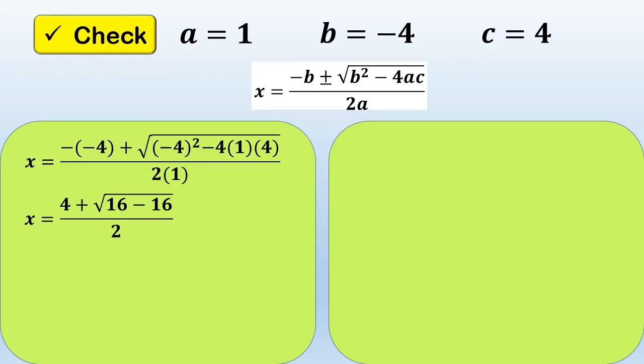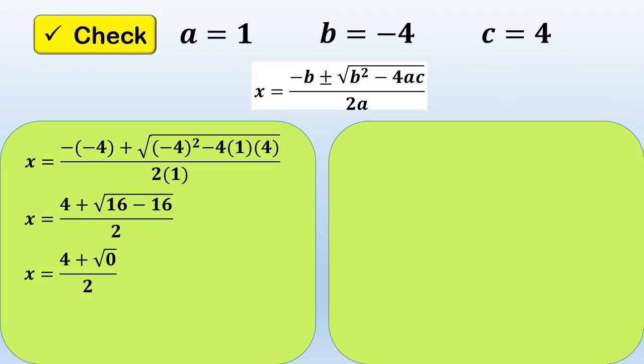So, we have here 2. That's why we come up to 4 plus square root of 16 minus 16 over 2. Next, it will become 4 plus square root of 16 minus 16, which is 0. That's why we have here square root of 0 over 2.